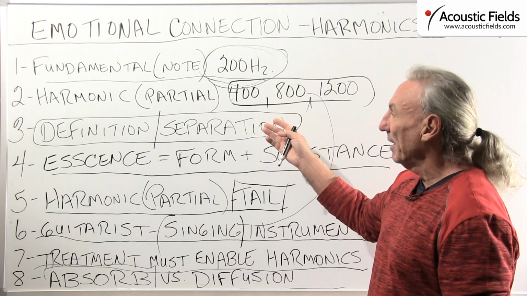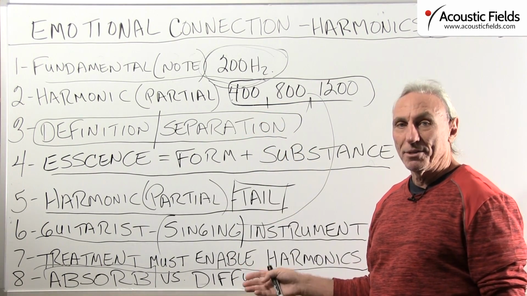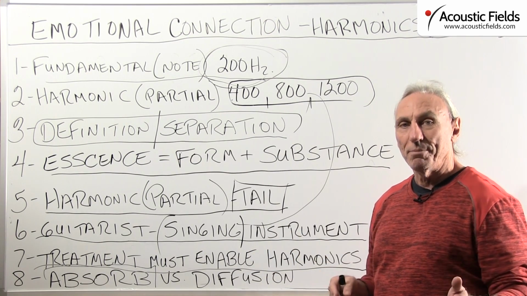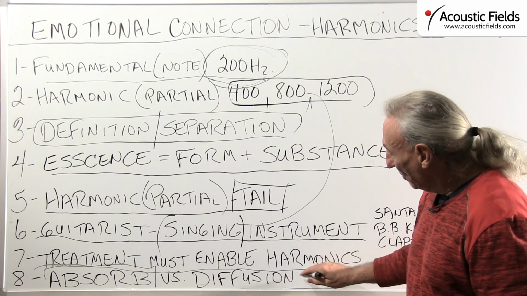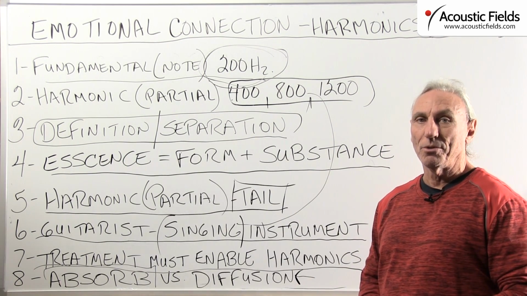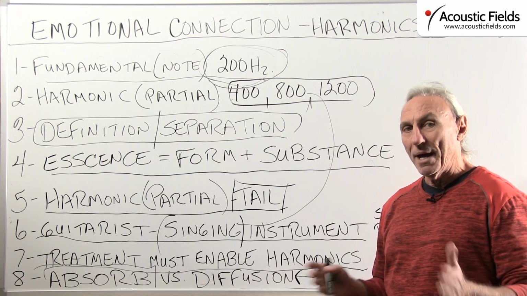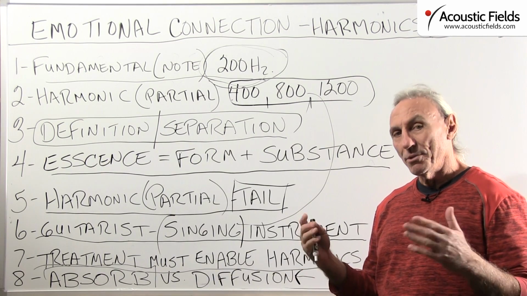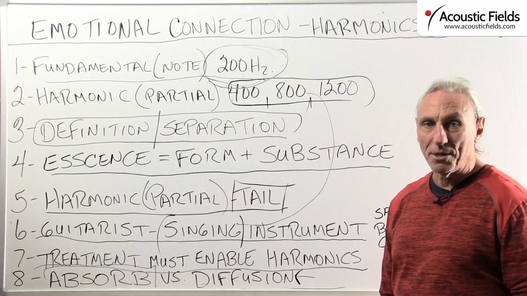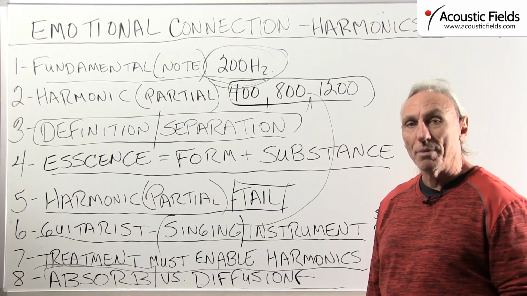So you want to be really careful, get a nice balance in your room of absorption, get your reflections managed, balance them out with the direct energy, and then use diffusion to add some air and separation to the harmonic. So it's a balancing act, as always, between absorption and diffusion. Both technologies must be used. Don't use one too much.